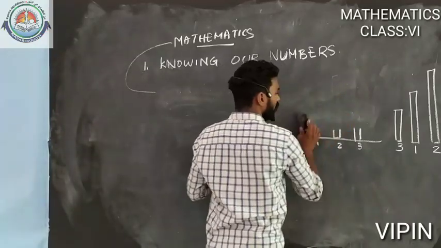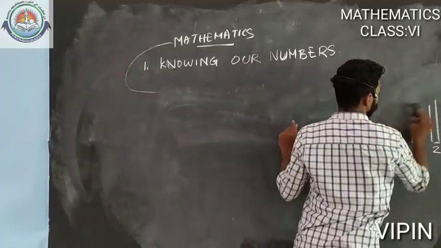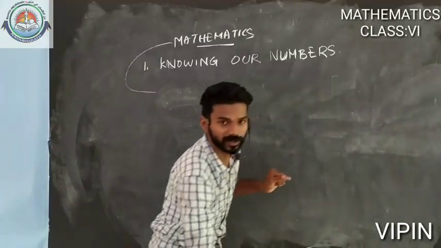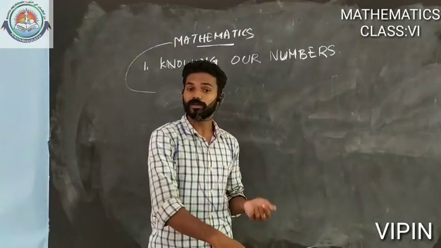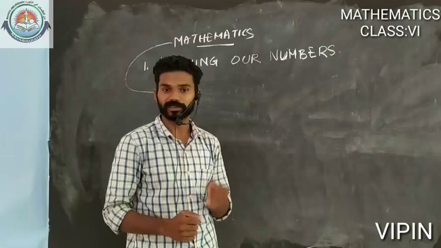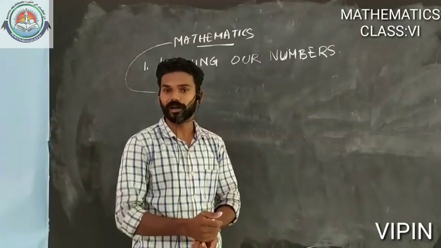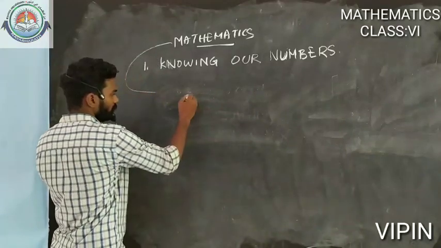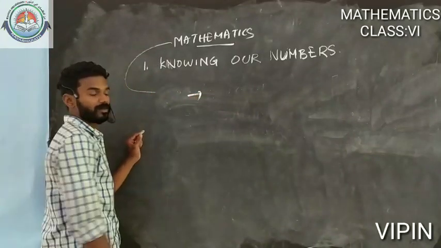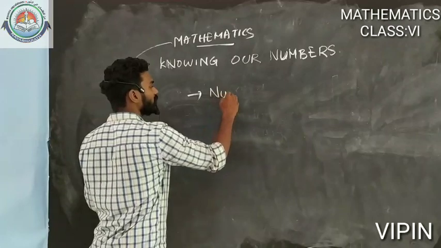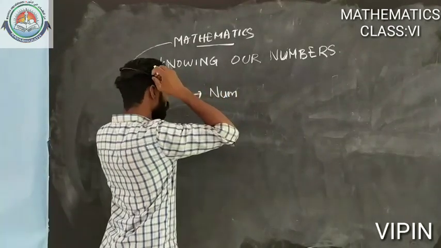What is the purpose of a number system? Usually a number system is used to record or label the data as a result of counting or measurements, etc. Clear? So the number system is our next topic.